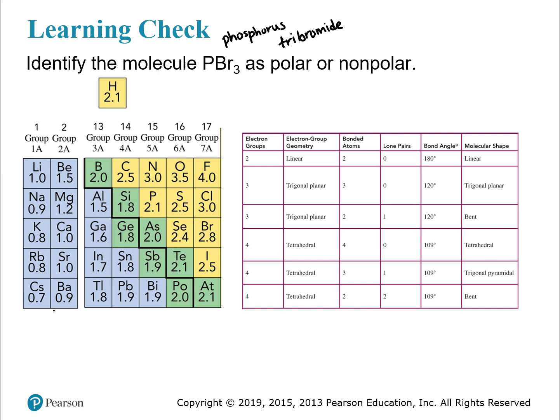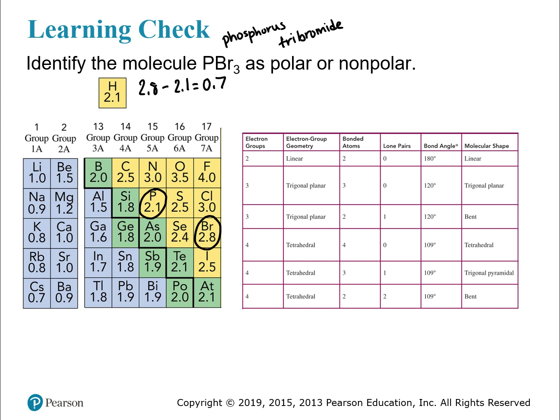On the left, we've got the electronegativity table. That's phosphorus. That's bromine. The difference in electronegativity between these two is equal to 0.7.